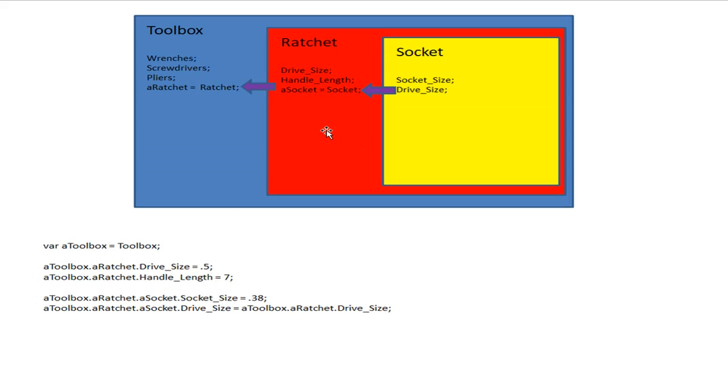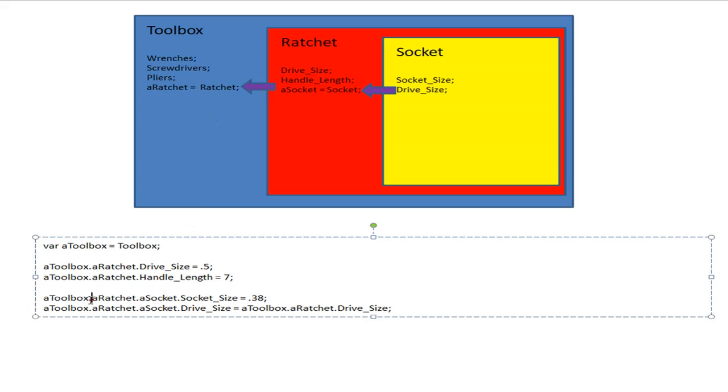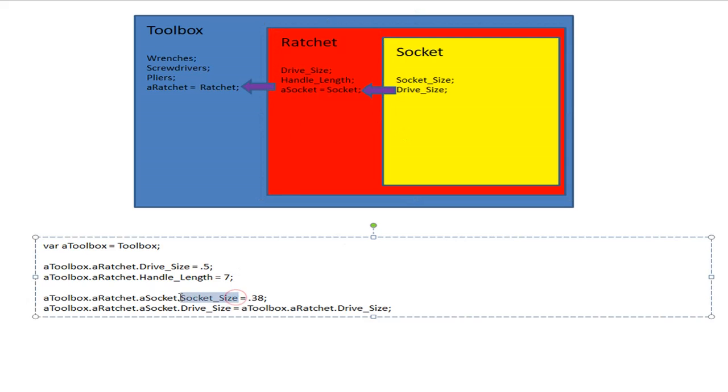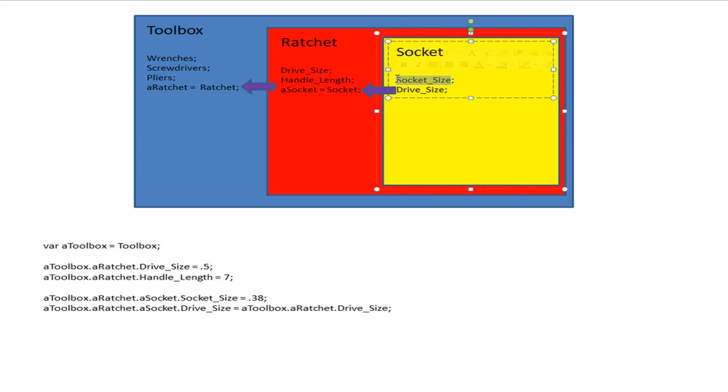Now we can access the socket that's inside the ratchet from inside the toolbox. So we use the access modifier again, the period. So we use the toolbox object, the ratchet object, the socket object that's inside the ratchet, and we can set the socket size that's inside the socket class.